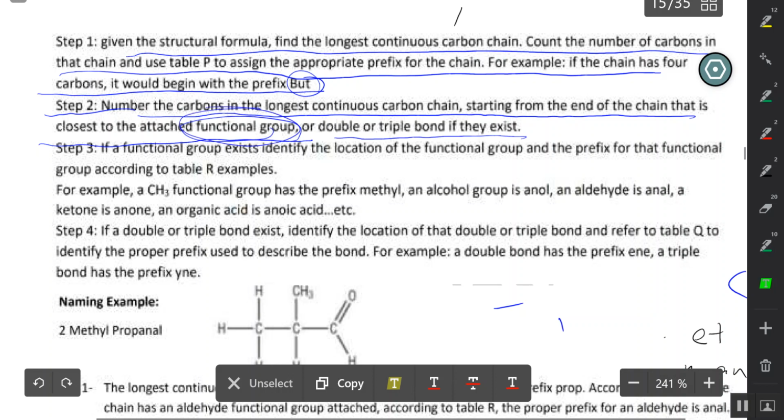Functional group takes precedence over double or triple bond. That pretty much explains what I just said.